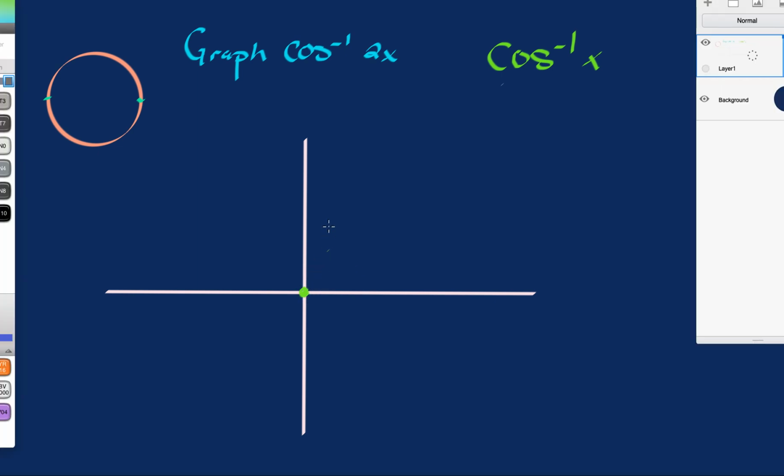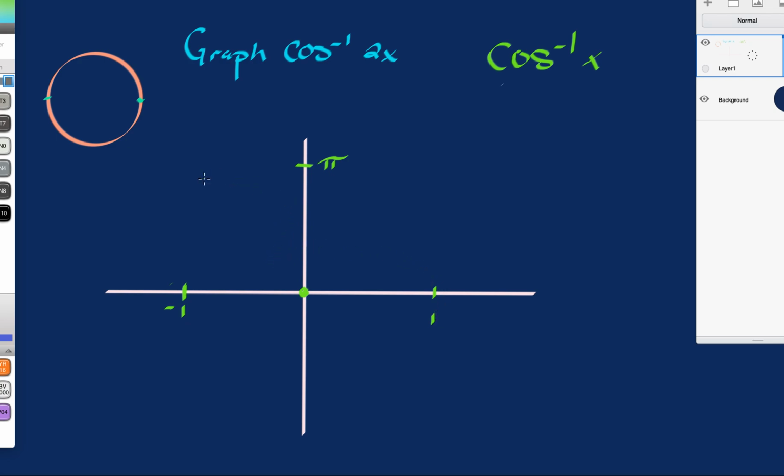So 0 to pi. I'm going to graph the parent inverse function first, and then I'll graph the transformation. You're going to see that basically this fits within half the space of this. Its new domain, the inverse domain, is -1 to 1.